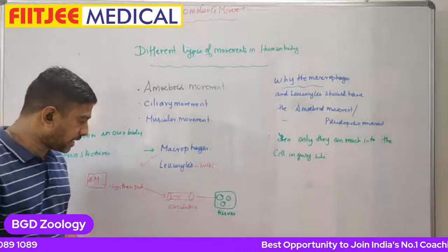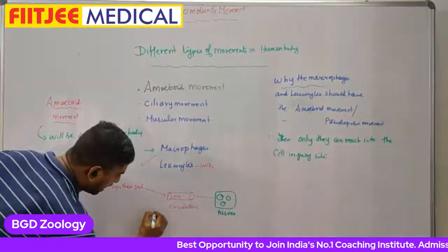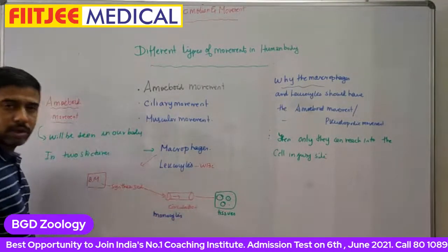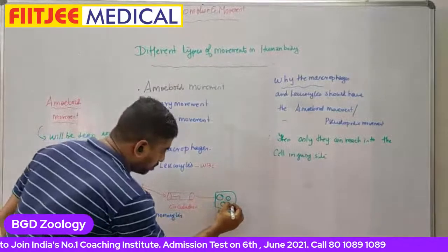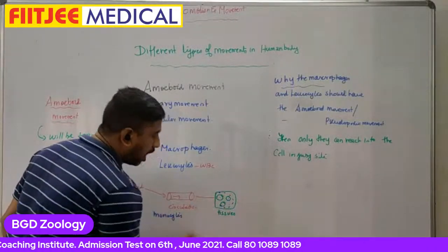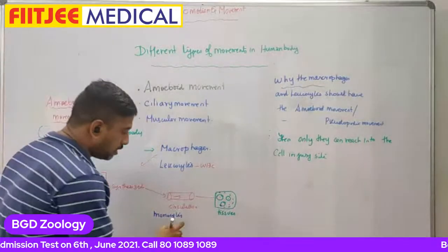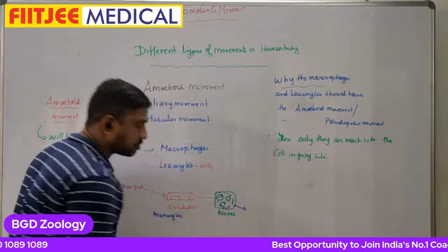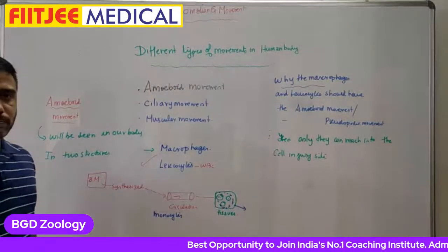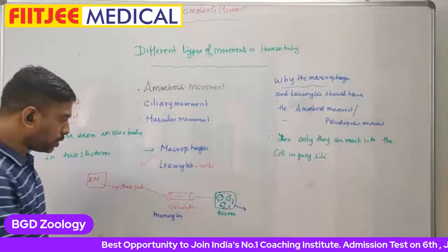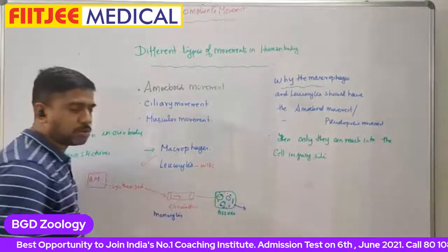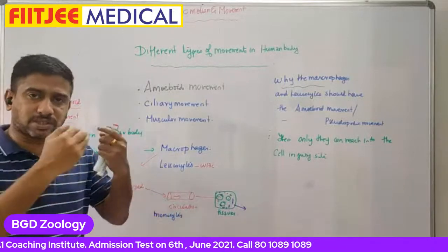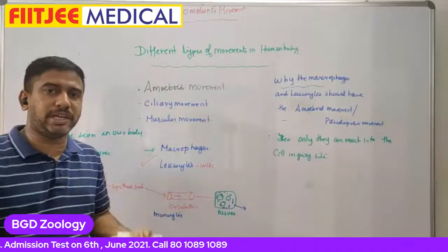So what you have to understand here, if you take the monocytes alone, once they reach into the tissues, unlike the other leukocytes, the monocytes will spend a lot of time inside the tissues. Usually, the usual leukocytes, if they reach into the tissues, their lifespan will be immediately finished. They will be immediately degenerated.